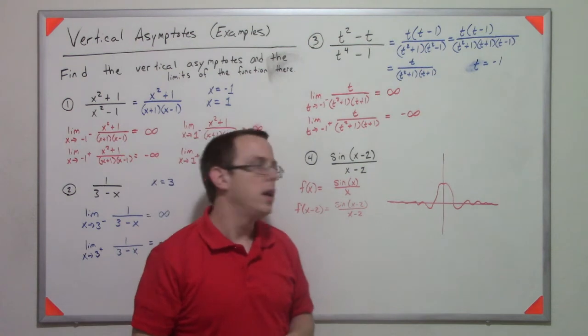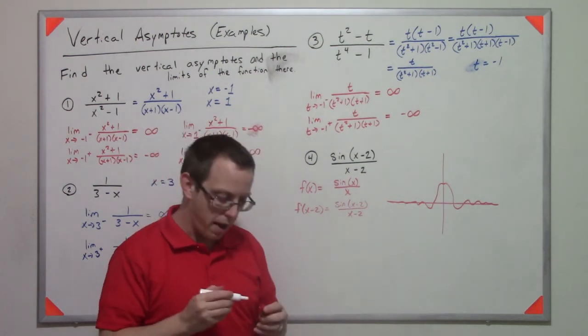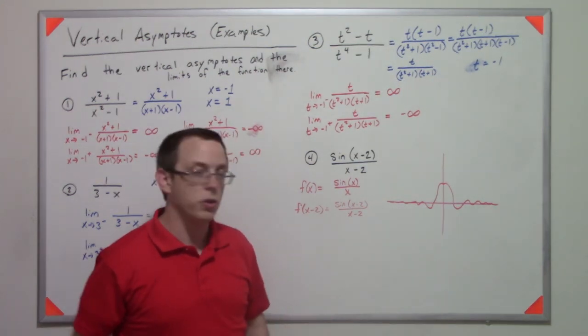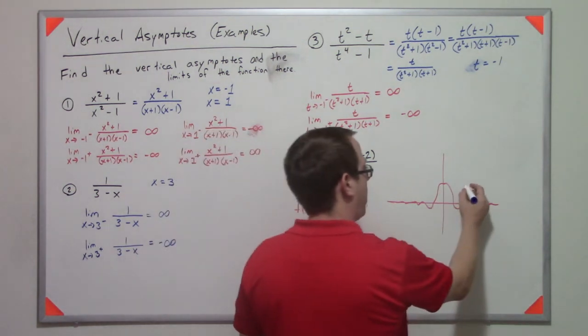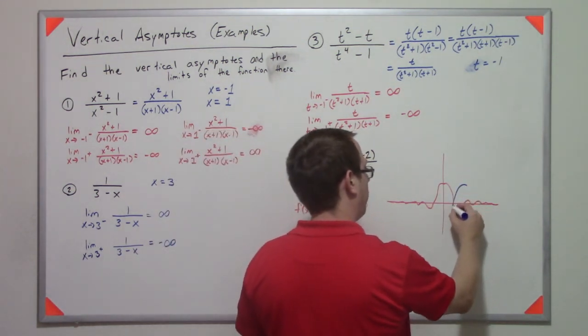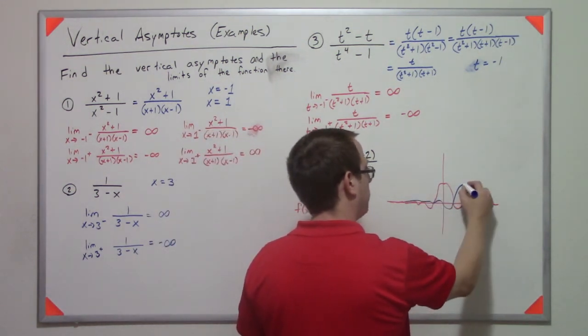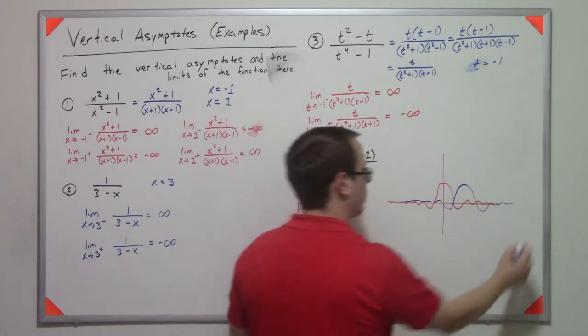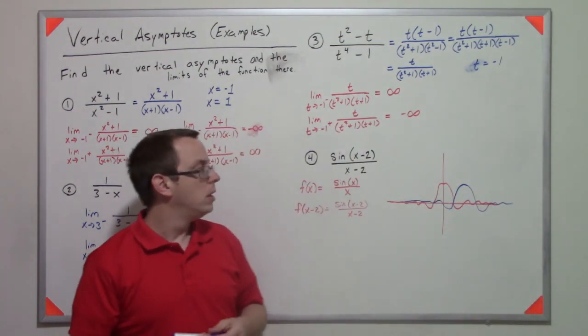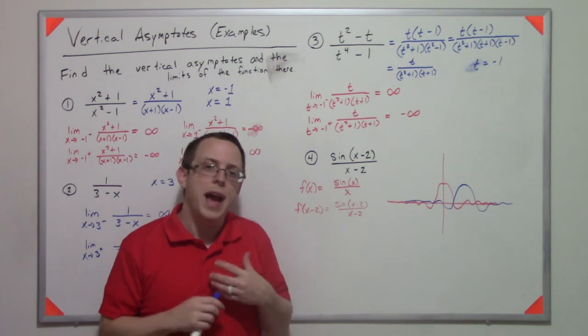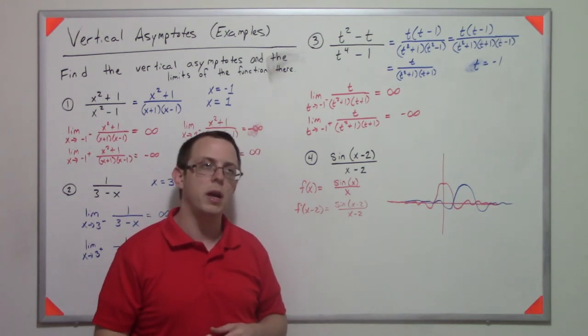So it does that. Now this one would be the same graph, but it would be shifted over 2. So you'd have something like that.